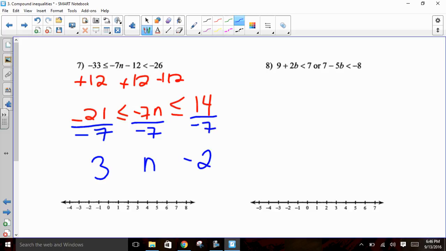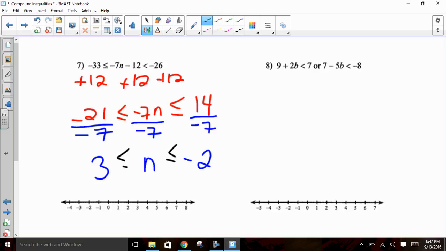Now, if you forgot and just left your signs the same as what you saw in the red step, ask yourself, does that inequality make sense? Is 3 less than negative 2? Is negative 2 bigger than 3?